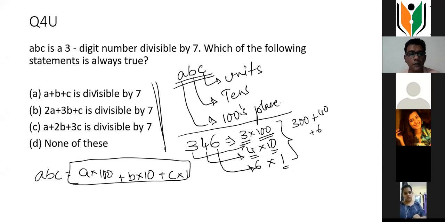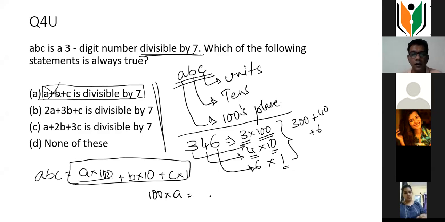Now, I am looking at a number divisible by 7. So how do I find a number divisible by 7? First, I know that if I look at 100 times A, 98 is divisible by 7. Is 98 divisible by 7, guys?